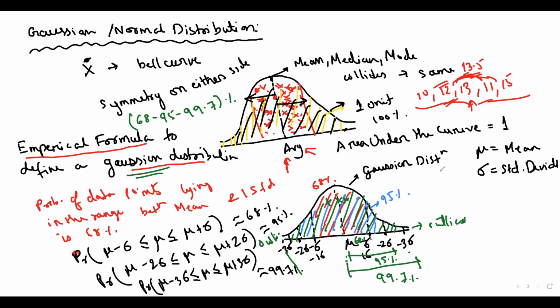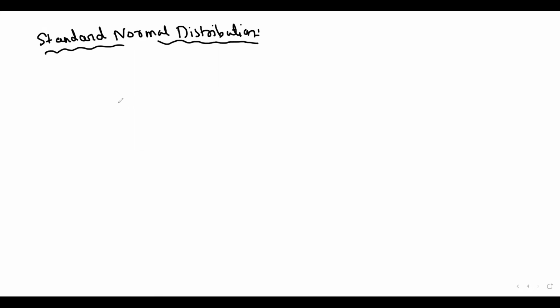Gaussian distribution. Okay. Now let's move on to what is standard normal distribution. Standard normal distribution. Okay, so any normal distribution, any Gaussian distribution can be converted.